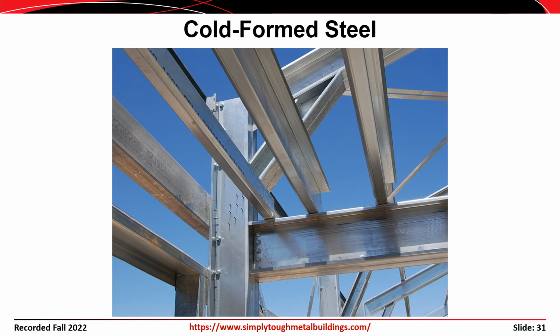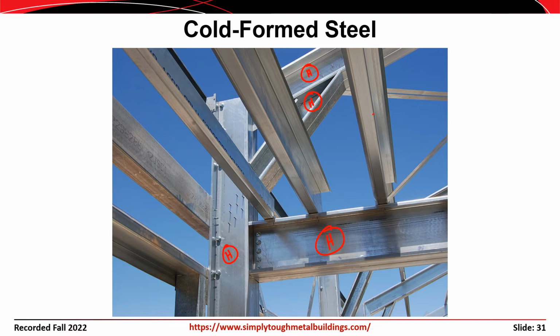The image here, borrowed from a website, shown at the bottom of the slide, shows a combination of hot rolled and cold formed steel. If you look at this, the beam here and the column here are going to be hot rolled sections. The reason they show up as silver is because they've been sent through a galvanizing process.